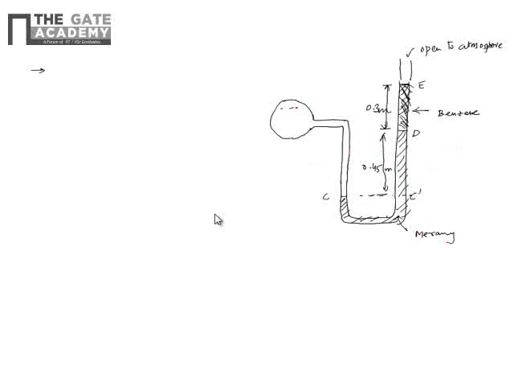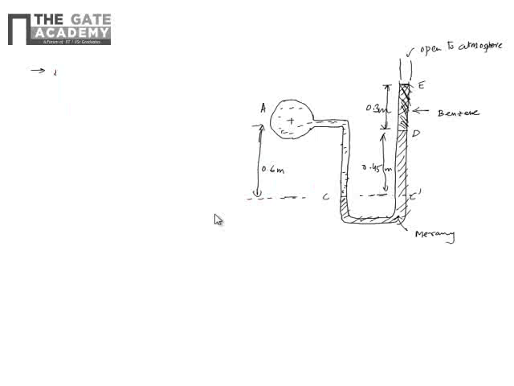And this is basically water flowing in a pipe A. And this vertical distance is 0.6.